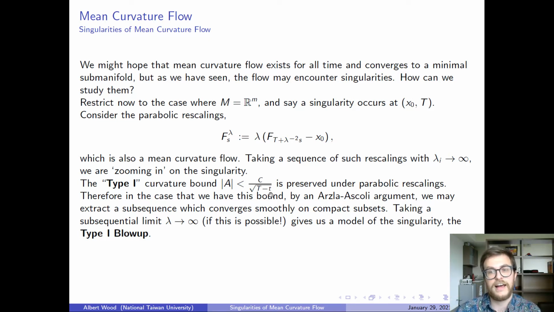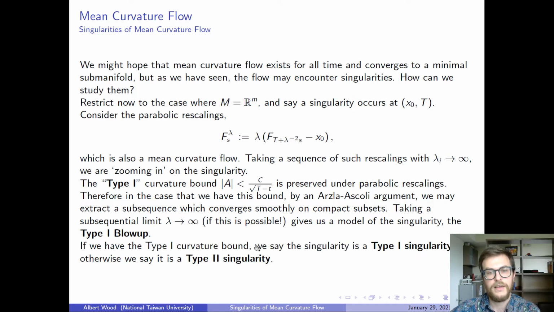And then by an Arzelà-Ascoli argument, we may extract a subsequence of this rescaling sequence, which converges smoothly. So taking a subsequential limit gives us some model of the singularity, which we call the type 1 blowup. And if we have this curvature bound, we say the singularity is a type 1 singularity.